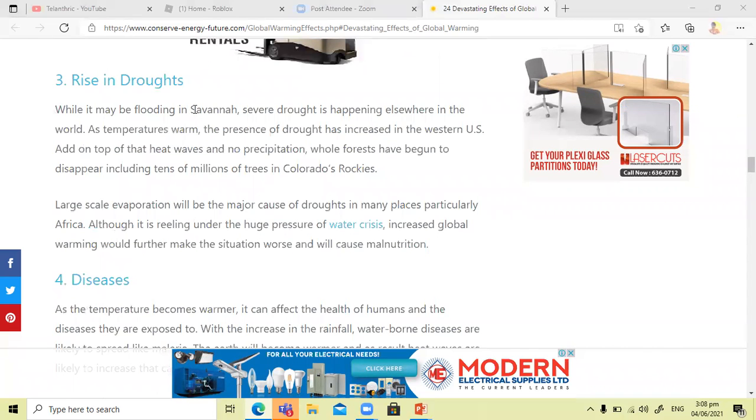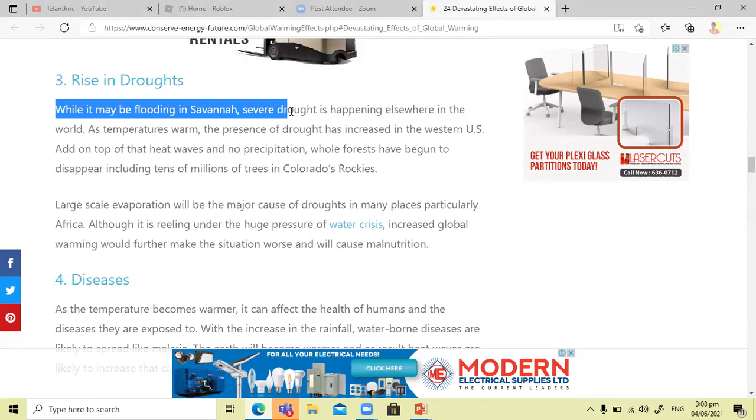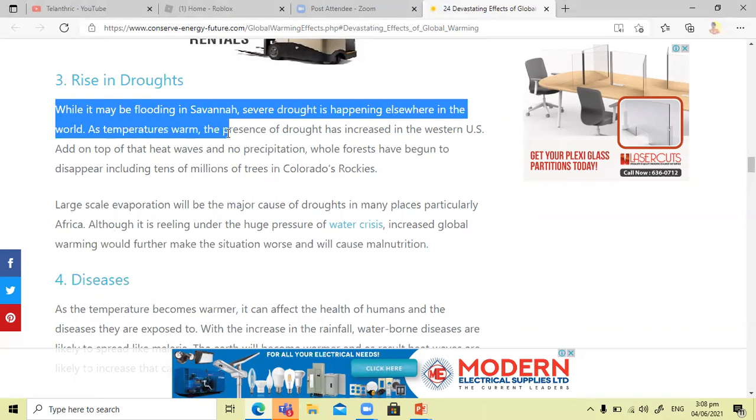While it may be flooding the savanna, severe drought is happening elsewhere in the world. As the temperatures are warm, the presence of drought has increased in the western US.